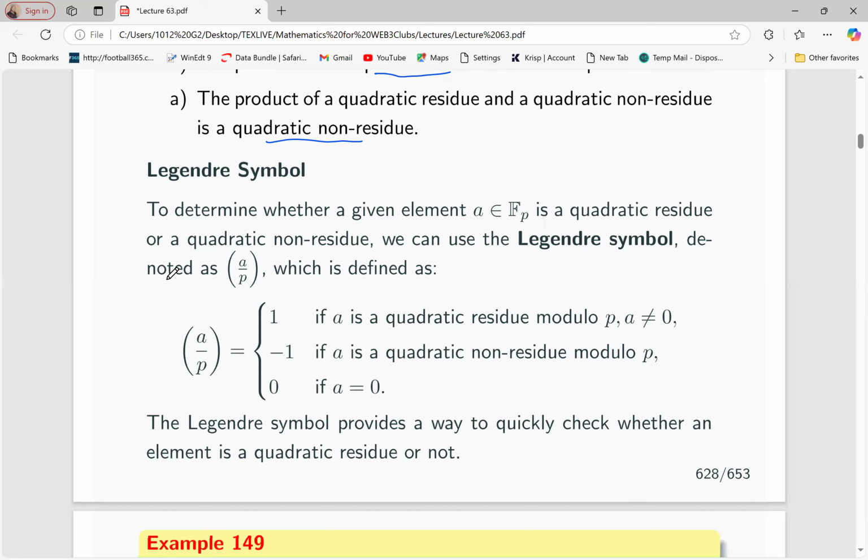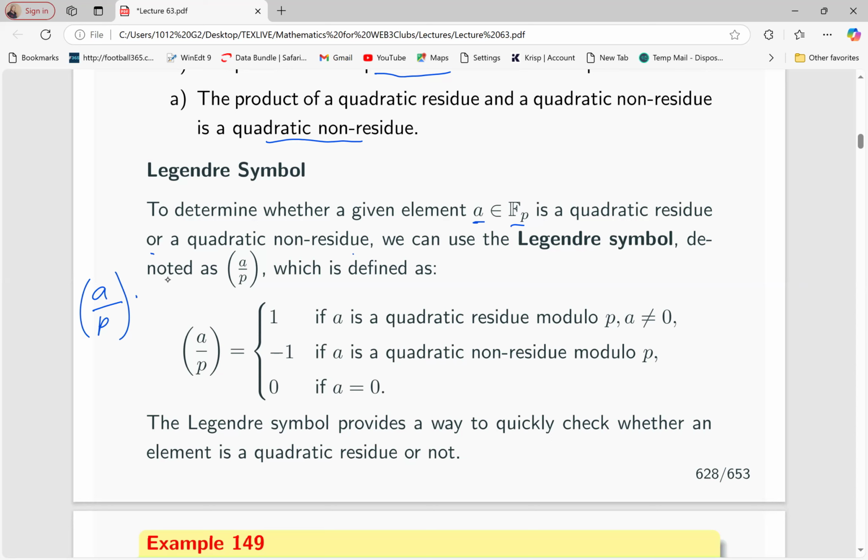To determine whether a number a in f of p is a quadratic residue or a quadratic non-residue, we use this Lagrange symbol. This is just a symbol. It's not a divided by p.